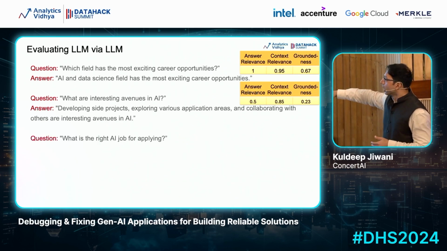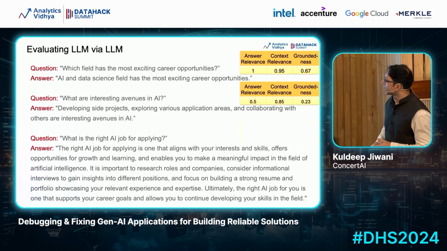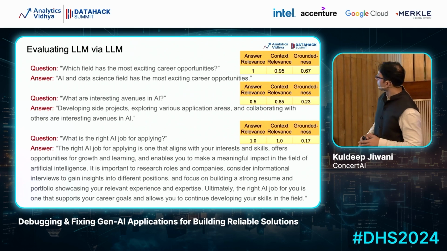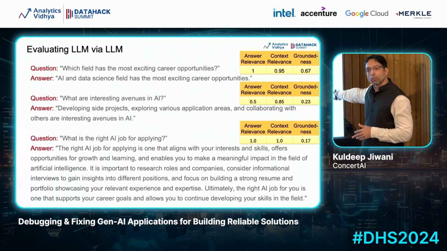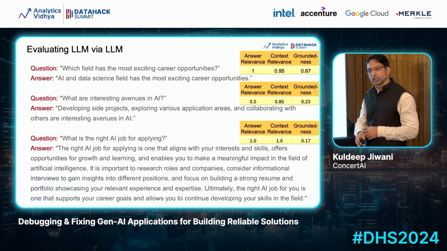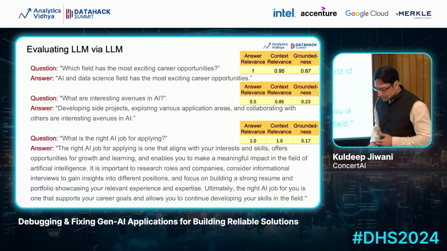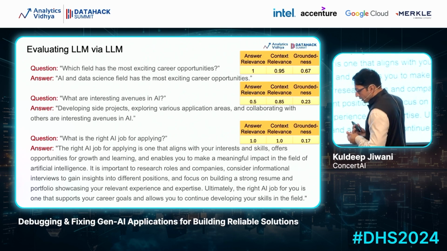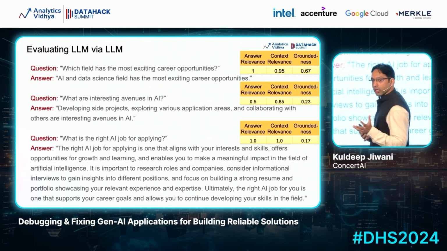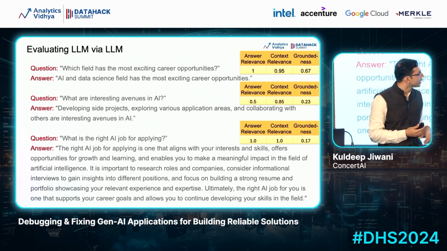And another example: it's a big answer, and it can tell you that it was a good answer with relevant context, but was not supported by the RAG context. So these are ways you can easily see whether it's working well for you or not. I think it's not hard. There are lots of tools out there to give you a score easily.